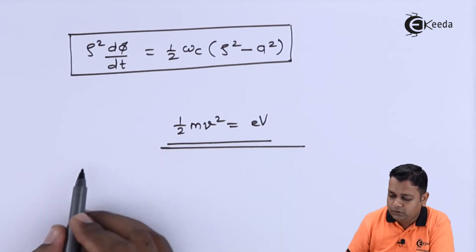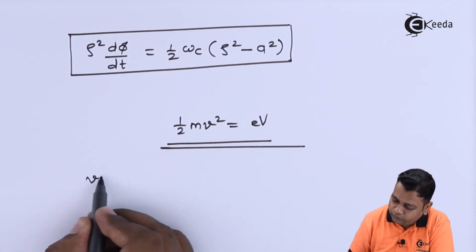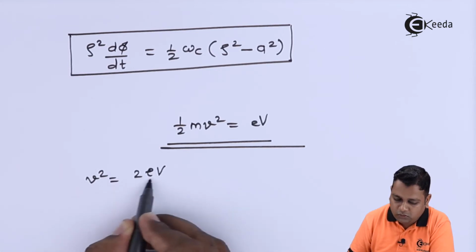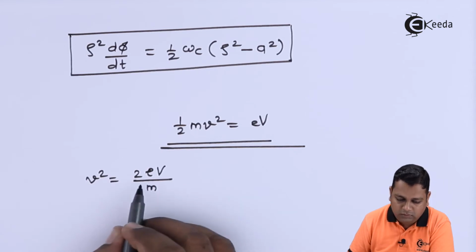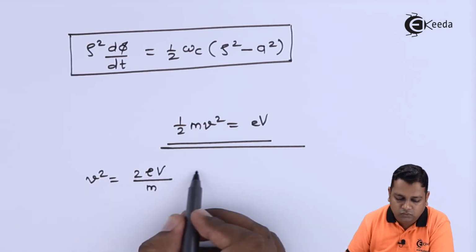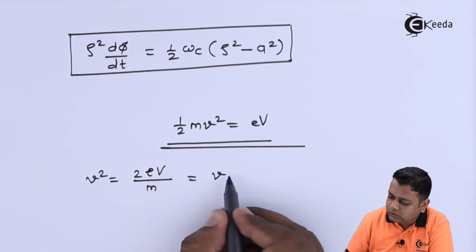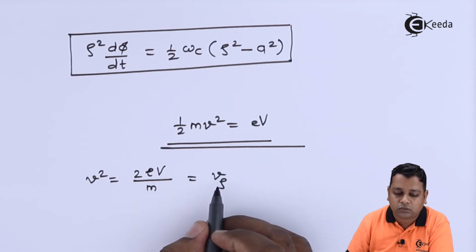So looking at this equation, we can write v square is equal to twice electron volt divided by m here, or simply E into V here. This will have two components. The first component will be the rho component.